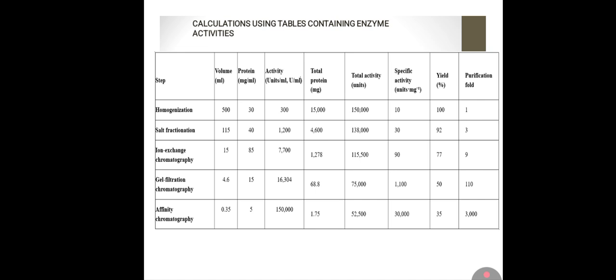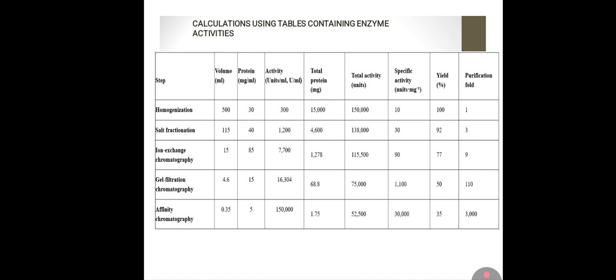Then the question is, how do you calculate your yield? Your yield is calculated by using total activity. The total activity of the stage you are working on divided by the total activity of the crude. Are you getting me? I come again. The yield is gotten from the total activity of whatever purification stage you have.